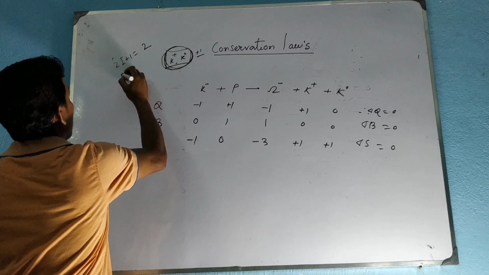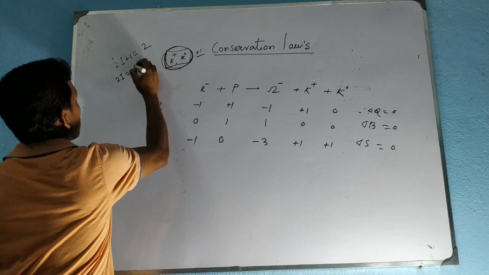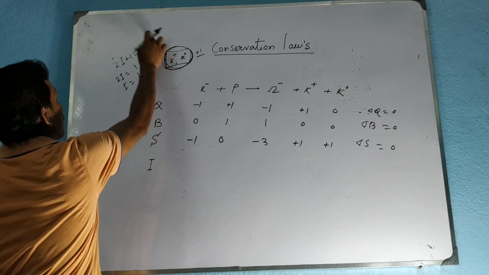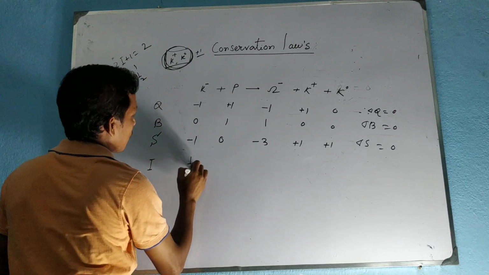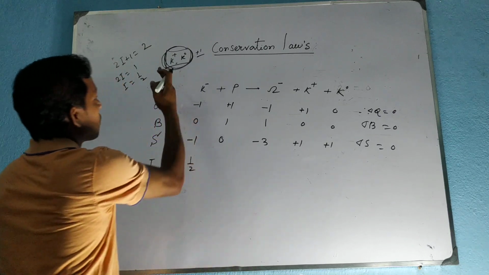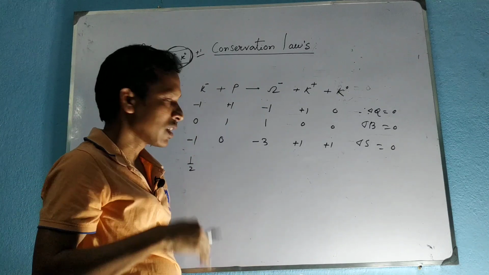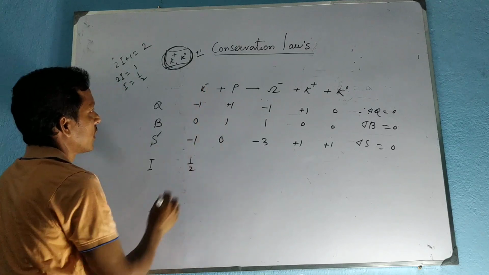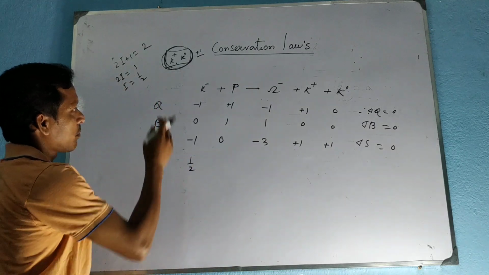So 2I equals 2 minus 1, which is 1, so I is equal to half. The isospin quantum number here is half. When the multiplicity is 2, the isospin quantum number is always half. K minus, half. Proton: what will be the value of isospin of the proton?